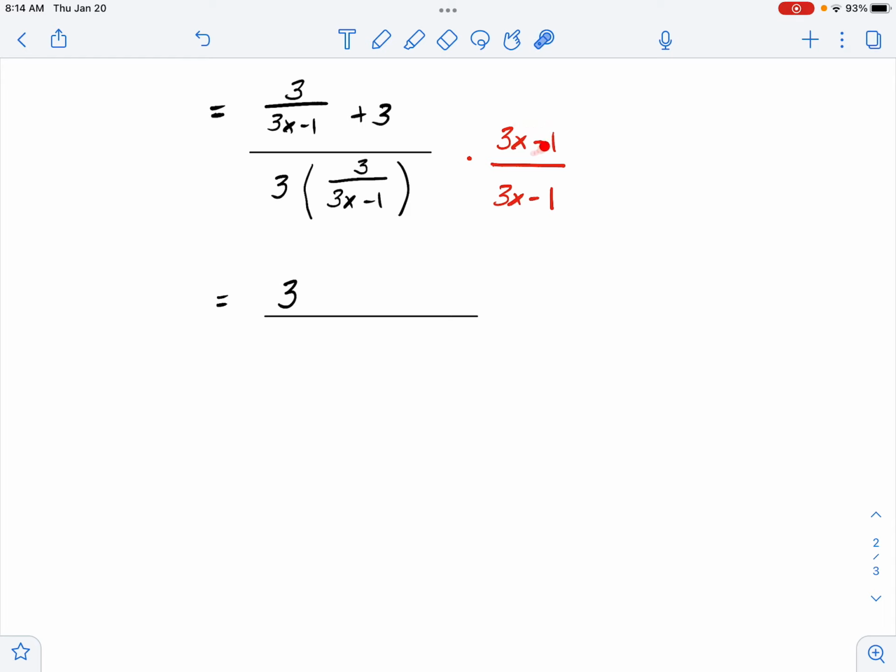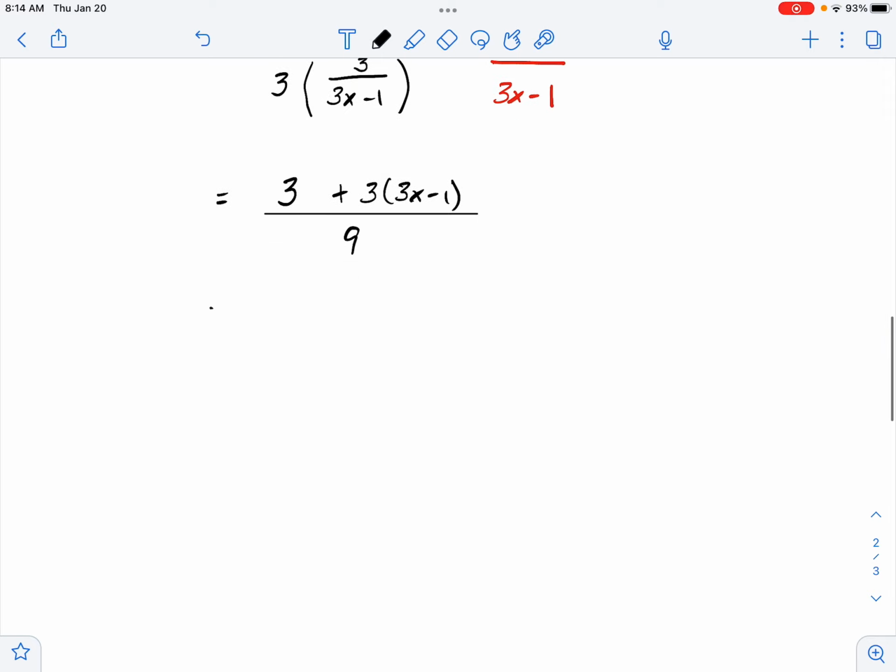And then I have plus 3 times (3x minus 1). And down here, I have (3x minus 1) times all of this. Well, I'll have 3 times 3, which is 9, over (3x minus 1), times (3x minus 1). That will just leave me with 9. So downstairs, I will just have 9.